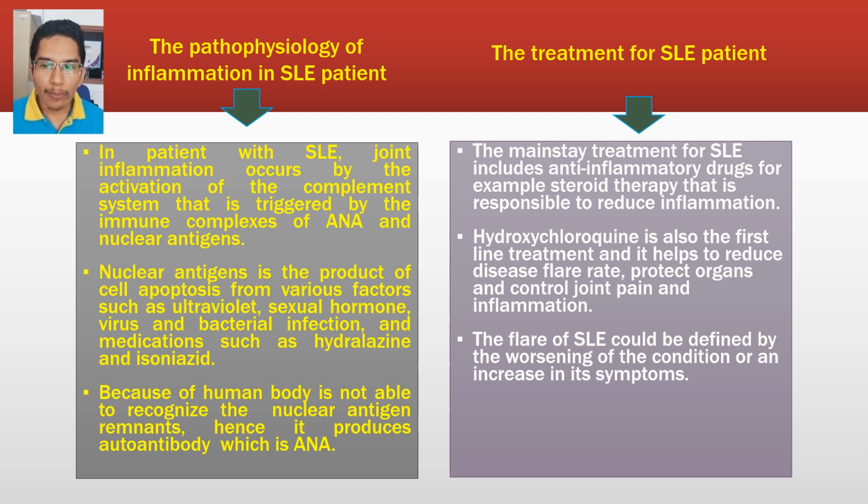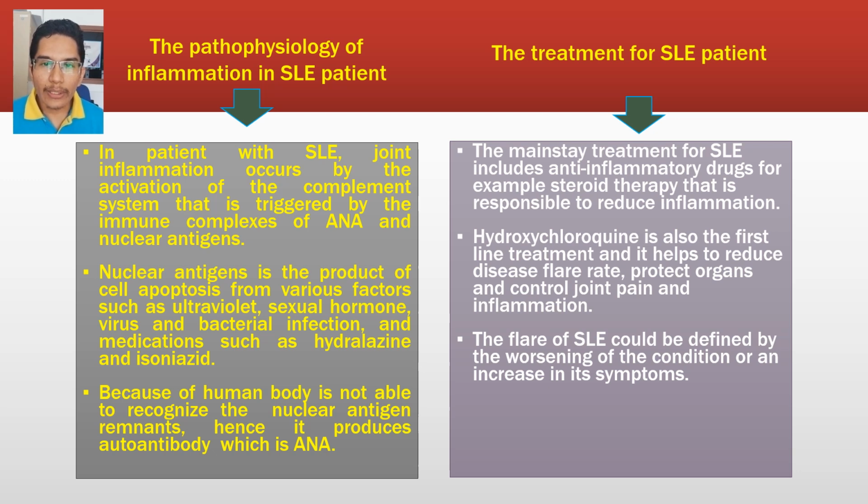Nuclear antigen is the product of cell apoptosis from various factors such as ultraviolet, sexual hormone, virus, and bacterial infection, and medication such as hydralazine and isoniazid. Because the human body is not able to recognize the nuclear antigen remnants, it produces autoantibody, which is ANA.